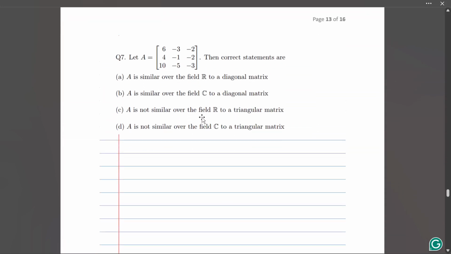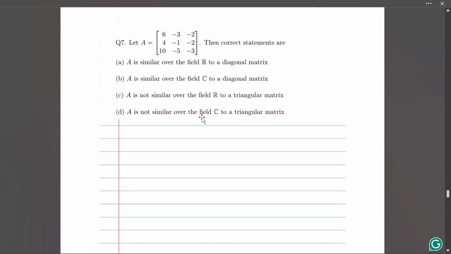Okay, so the next question is similar. You have a matrix and you want to see if it is diagonalizable or trigonalizable, meaning similar to a triangular matrix. So we have to calculate the characteristic polynomial first. That will be the first step.